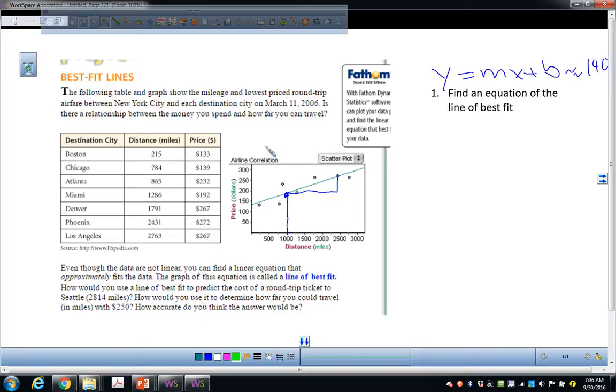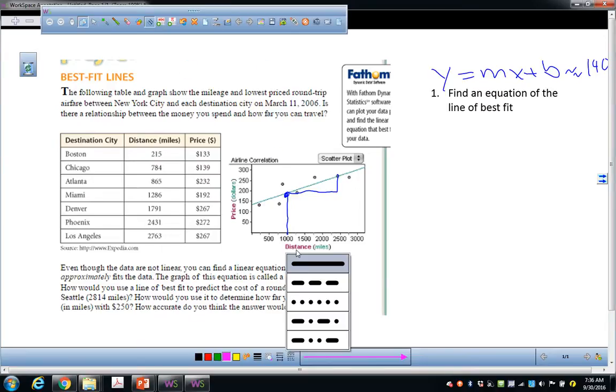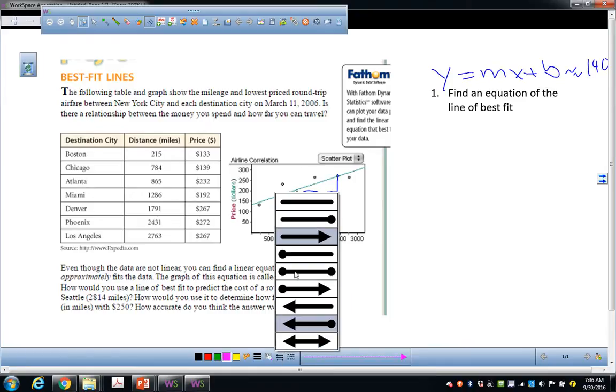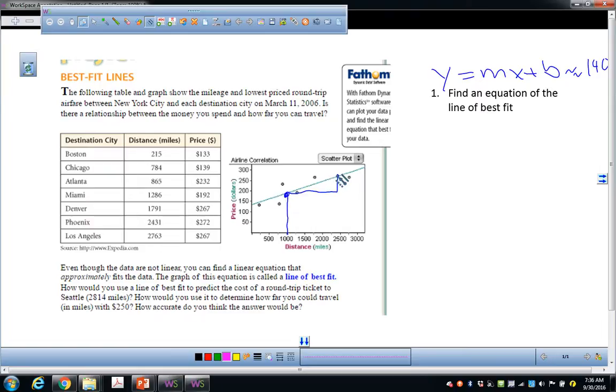If I go across this way and down this way, and do the same thing for this point, you just pick two points somewhere on that line of best fit. I happen to pick about 1,000.